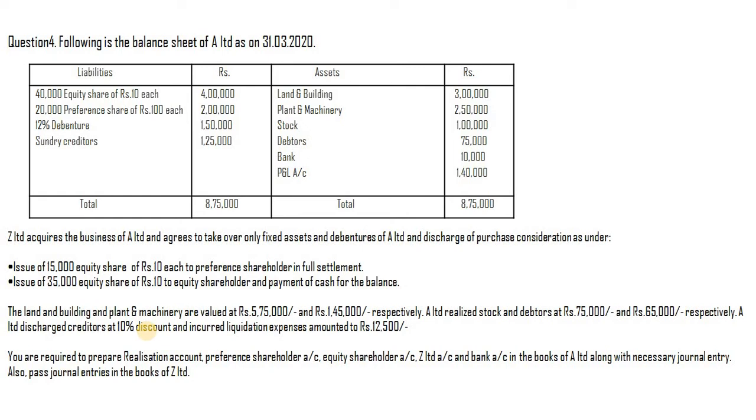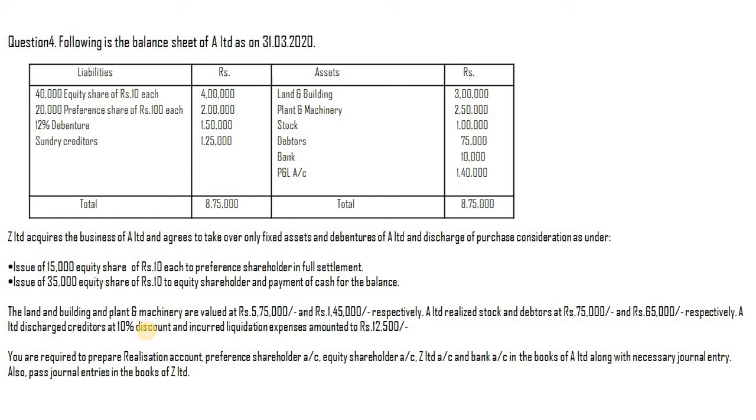Now in this question we have a balance sheet of A Limited, and A Limited is a transferor company, and Z Limited is the transferee company. First thing, our work is to identify the transferor and transferee company. Now in this method, the net asset method, we have to identify those assets which will be taken over by Z Limited.